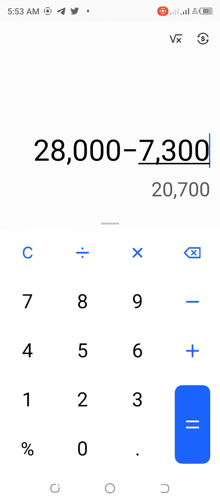Investing 7,300 to get 20,700 profit in addition to your 7,300, which sums up to be 28,000. In fact, any company that assures you this is a Ponzi scheme. Don't go for it.